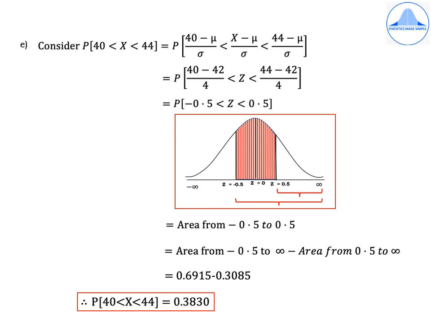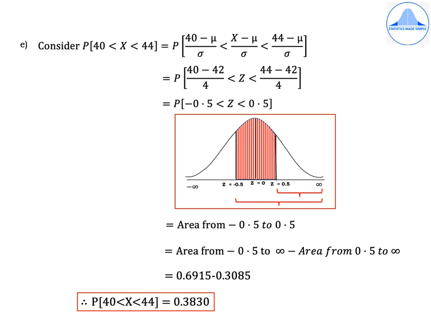Then what should you do in the diagram? You should draw two flower brackets, a big flower bracket from minus 0.5 to infinity and another smaller flower bracket from 0.5 to infinity. So how do you find out the shaded area? The larger flower bracket area minus the smaller flower bracket area will give you the shaded area.